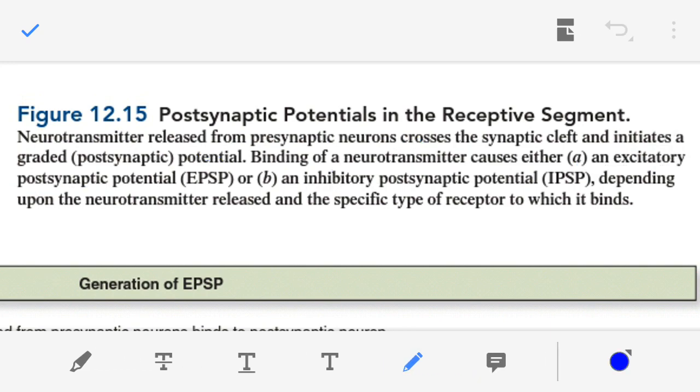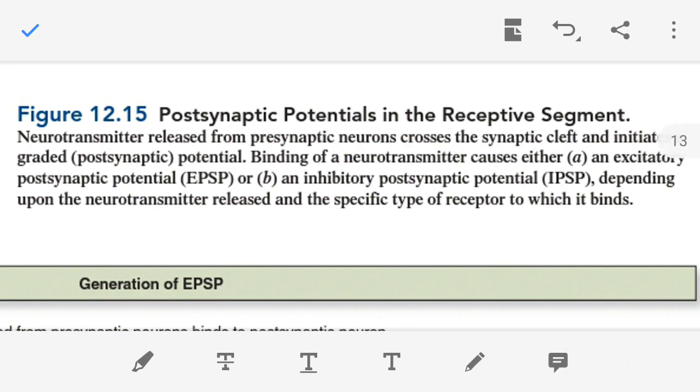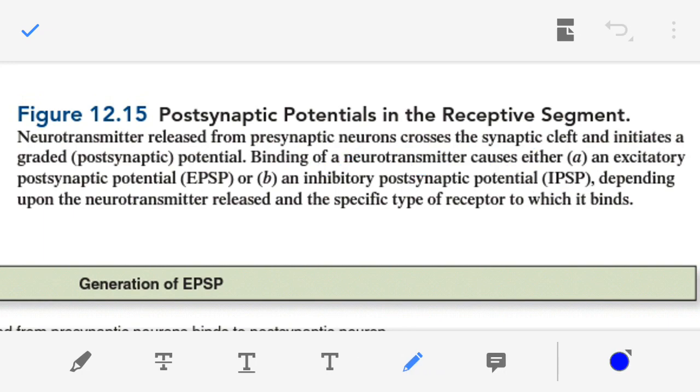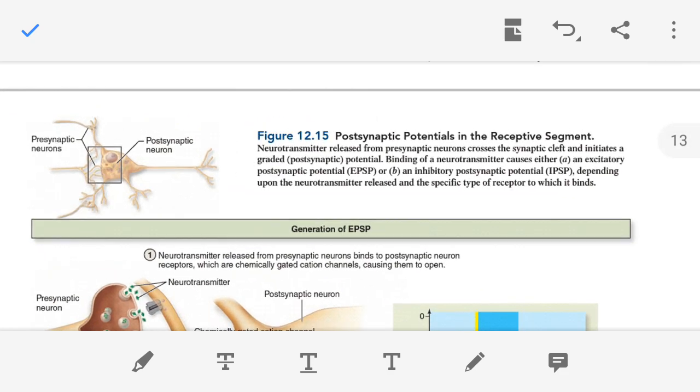And if the neurotransmitter joins with the receptor and inhibits the postsynaptic neuron, it is known as inhibitory postsynaptic potential, IPSP. So depending upon the neurotransmitter released and the specific type of receptor to which it binds, EPSP or IPSP is determined.